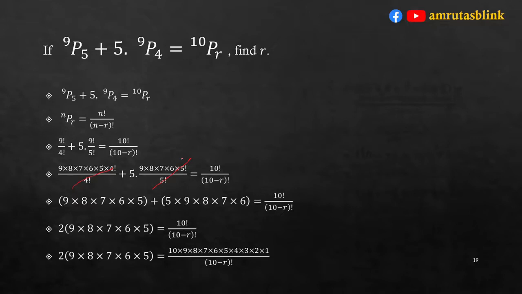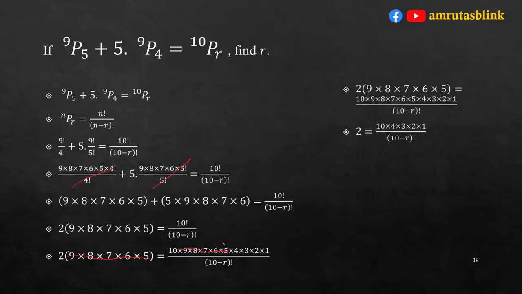So we can cancel this 9, 8, 7, 6, 5 from both sides. Whatever remains is 2 on the left hand side, and on the right hand side we have 10 into 4 into 3 into 2 into 1 upon (10-r) factorial. Again this 2 and 2 will get cancelled. So we have (10-r) factorial is equal to 10 into 4 into 3.